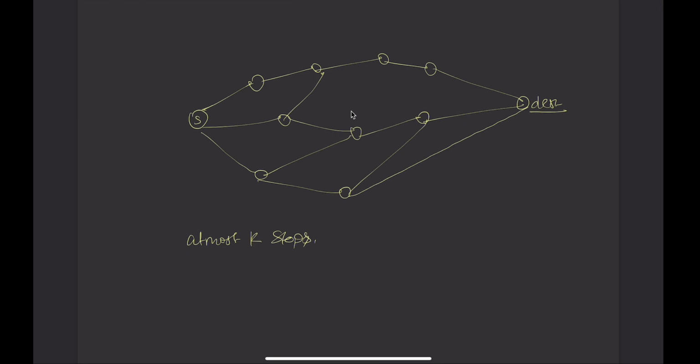So it is the shortest path to reach the destination node from the source node with at most k stops.